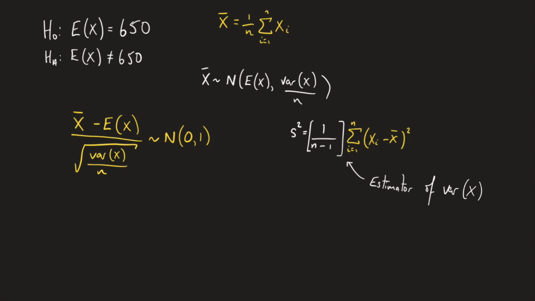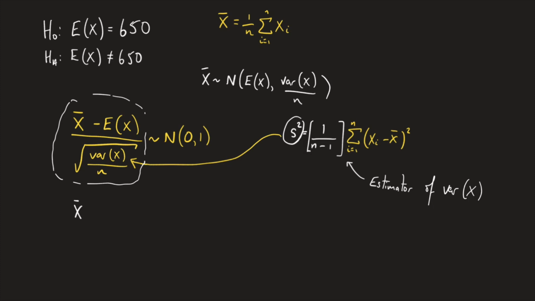Now, in principle, what we could do is take this s squared and substitute it into our standardization formula, but it emerges that if we use s squared, this expression will no longer follow a normal distribution, but instead it will follow a t distribution.